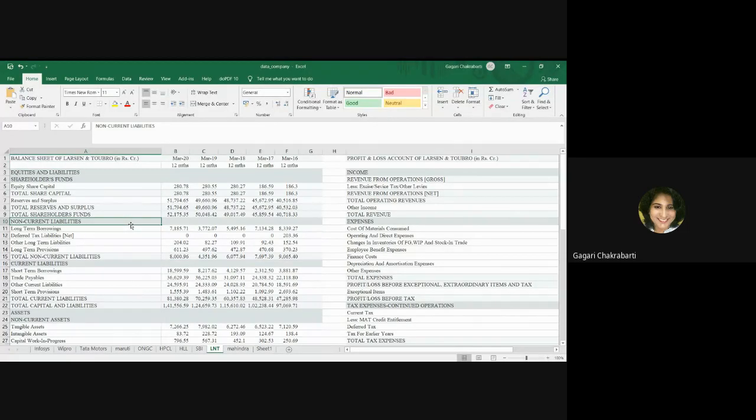Tomorrow, let me do the profit and loss account first, then I'll be showing you the data, and then I'll be going into the financial ratios. Okay. So now, just tell me, up to this, is there any question?